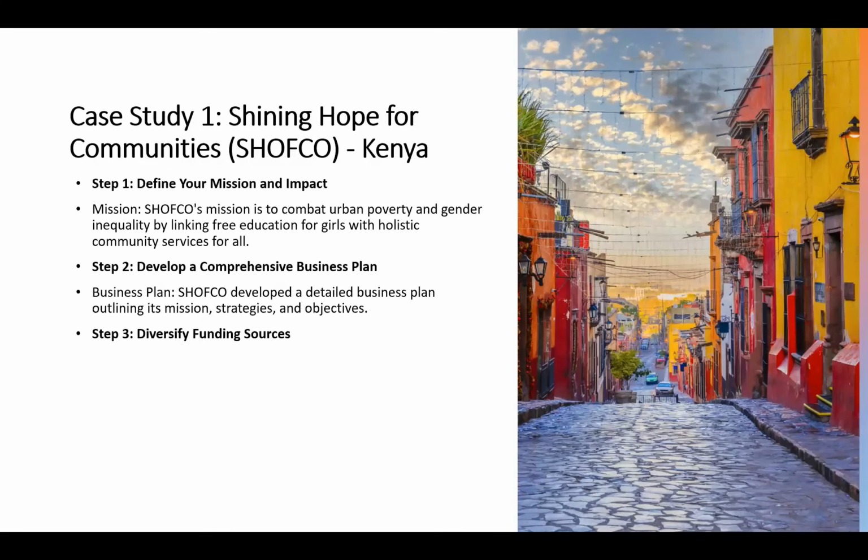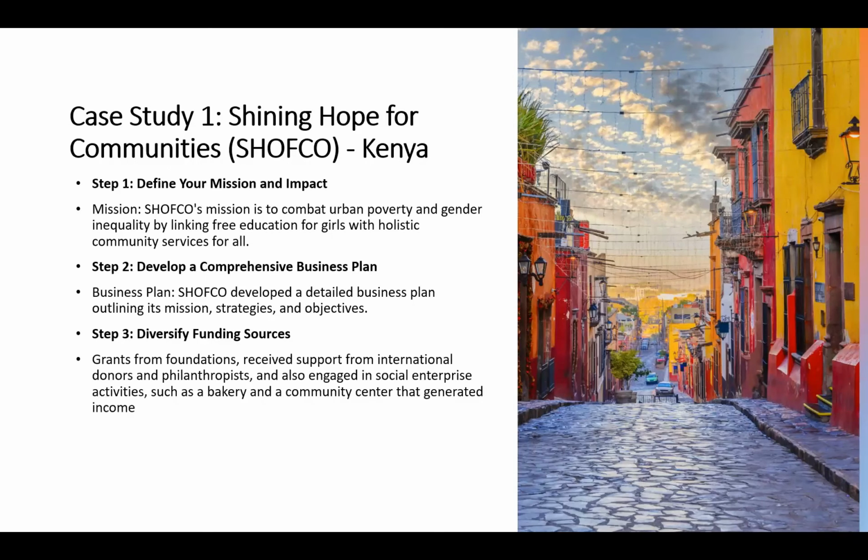When you look at SHOFCO, one of the things they have is a very strong mission and impact. Their mission is to combat urban poverty and gender inequality. They also have a very good, comprehensive business plan. And they have diversified sources of funding. If you look at their website, they have so many different sources of funding, answering that issue of diversification.